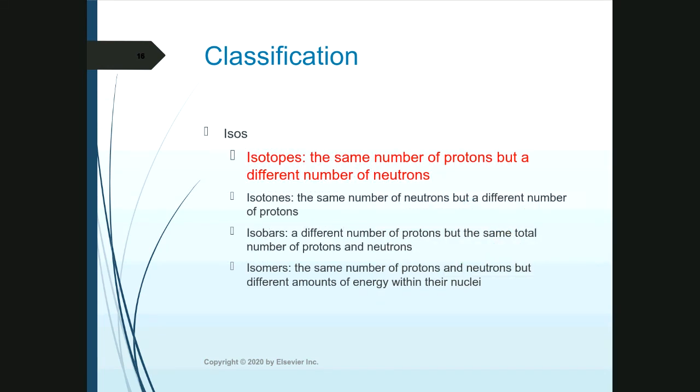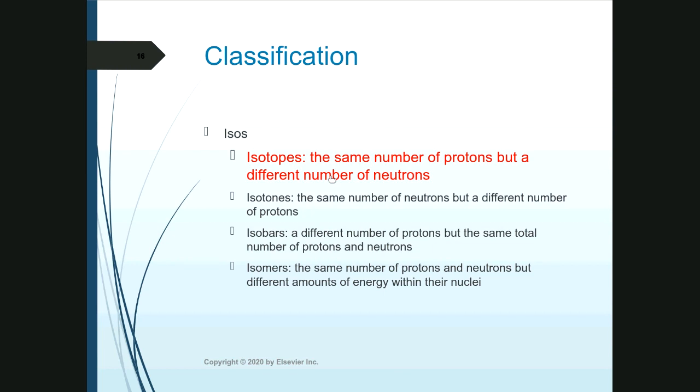Now, on page 21, they talk about all these classifications called the isos, and they reference isotopes, isotones, isobars, isomers, and basically it's a way to classify the relationship based on protons, neutrons, and electrons. The only one we're going to concern ourselves with, and that is why I put it in red, is an isotope.